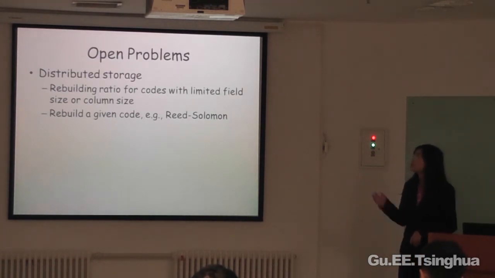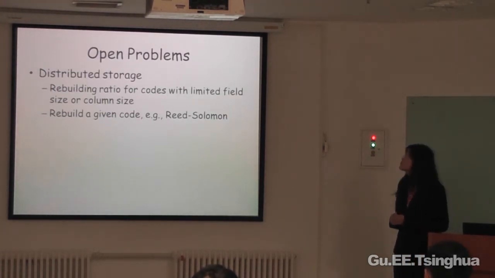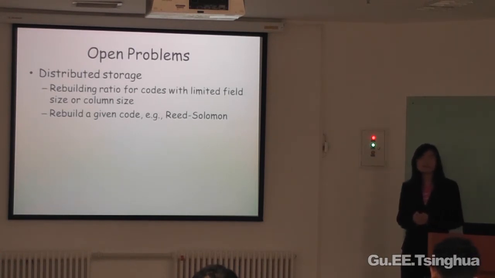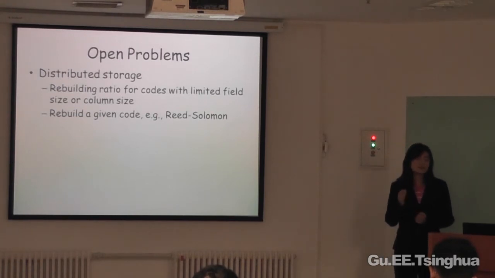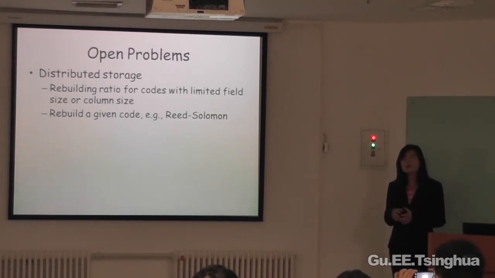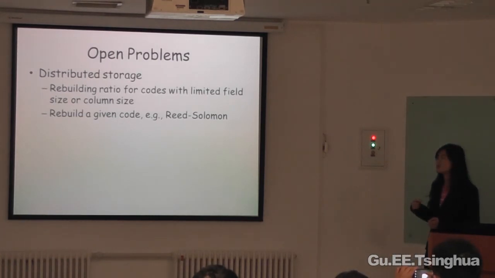So here I come to my conclusion. There are lots of open problems and interesting subjects in distributed storage and flash memory. But here I only focus on the problems that are related to my particular subjects.